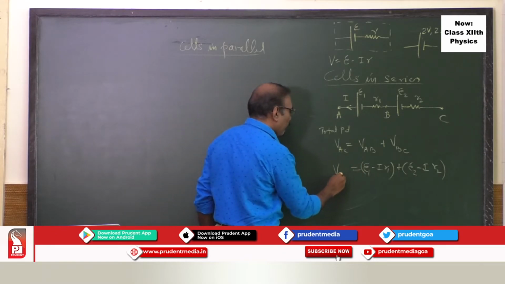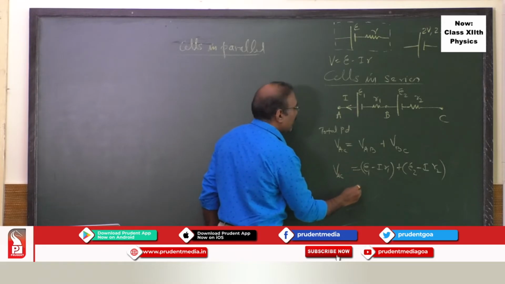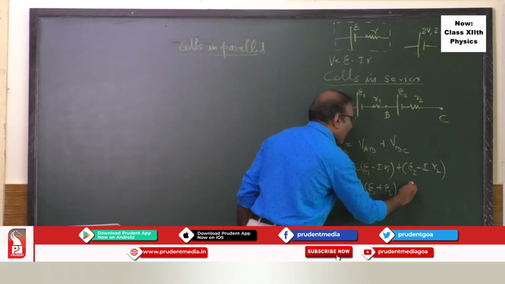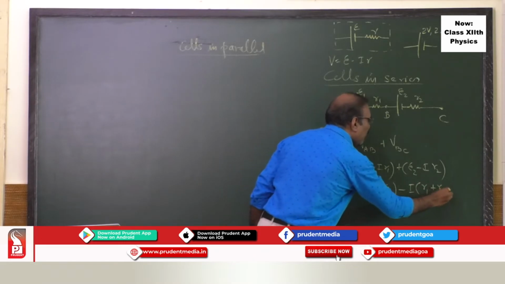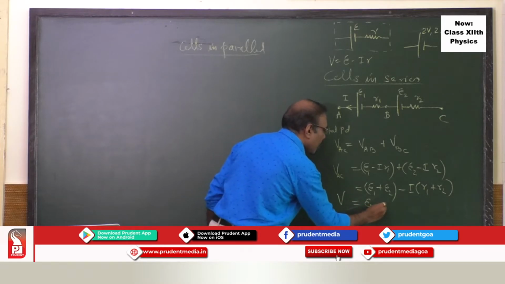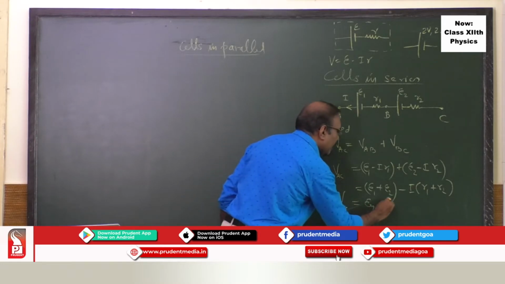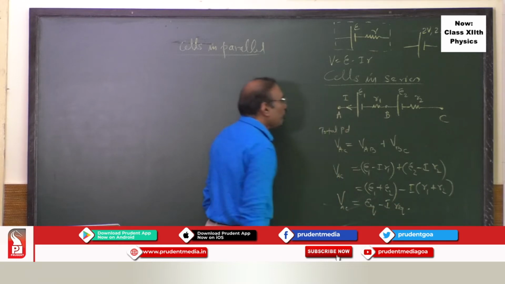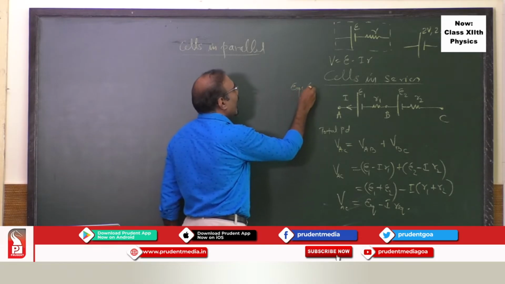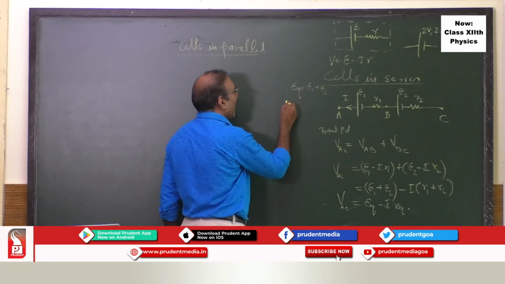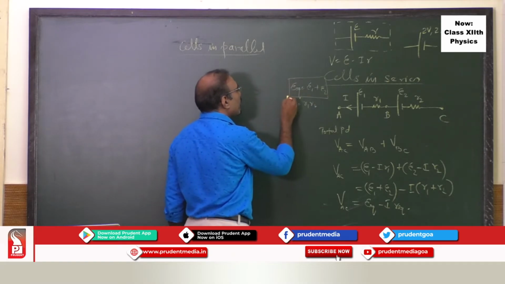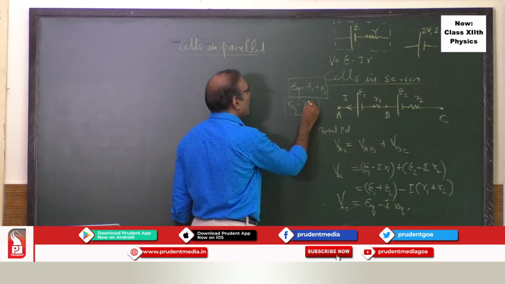So the potential drop between A and C will be E1 plus E2 minus I into (r1 plus r2), and this is nothing but E equivalent minus I times r equivalent. So if you put cells in series, you get equivalent EMF as E1 plus E2 and equivalent resistance as r1 plus r2. These are the relations you have to remember.